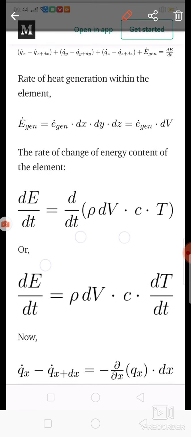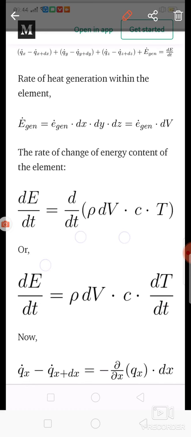In the first term, conduction takes place in the x direction, that is q̇_x minus q̇_x+dx. What is the value of q̇_x? That is minus k into A into dT by dx.